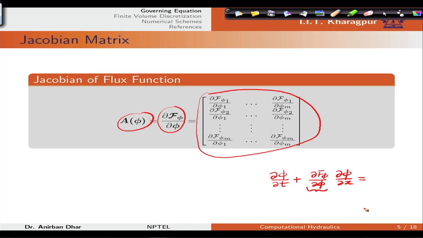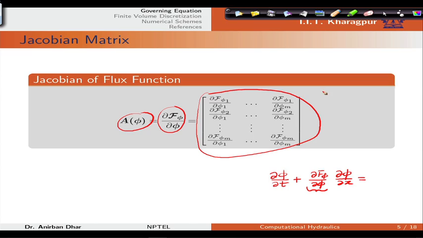Now, if we consider the same thing for a complete system, we will have this Jacobian matrix. In place of a single derivative, we will have the full Jacobian matrix here.